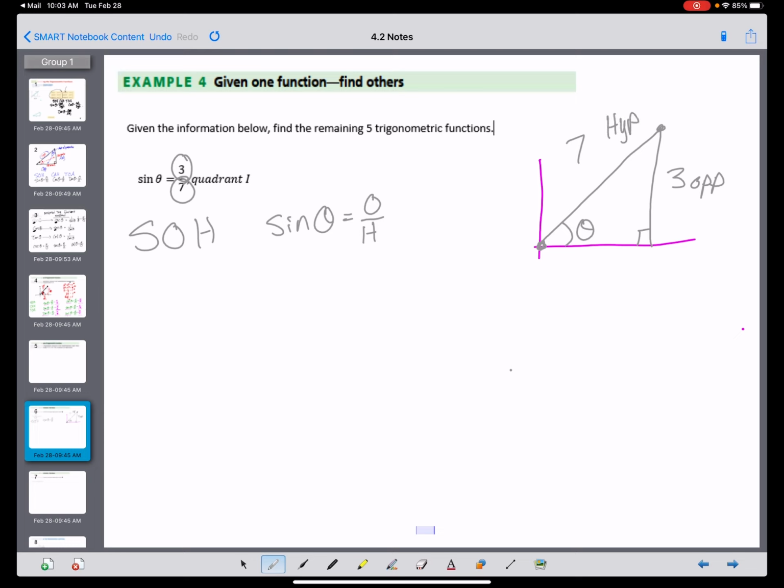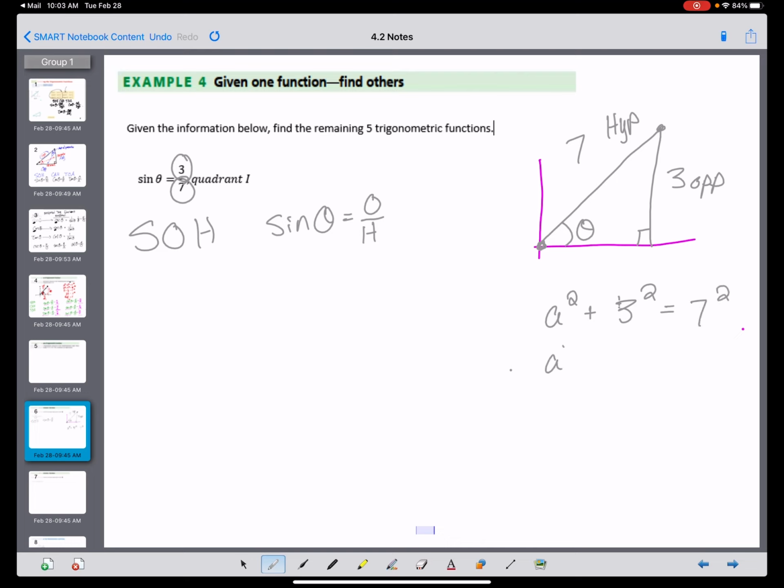All right, so I got to figure out the adjacent. I use the Pythagorean theorem. Same thing we just did. So this time I just say I got the leg is what I need. So I'm going to say a squared plus b squared, in this case, 3 squared equals the hypotenuse, 7 squared.